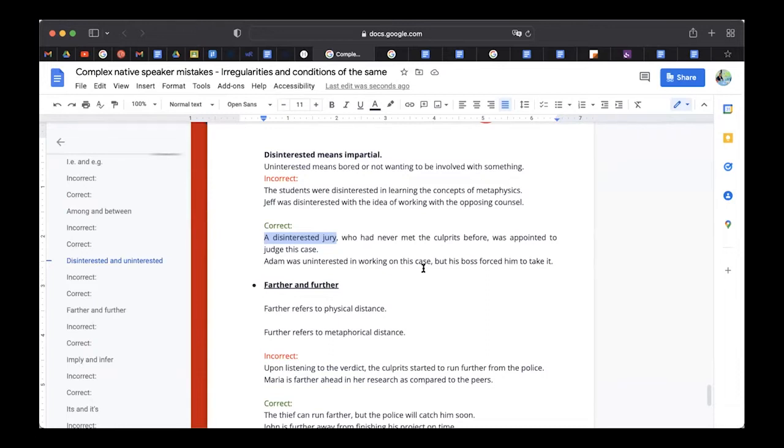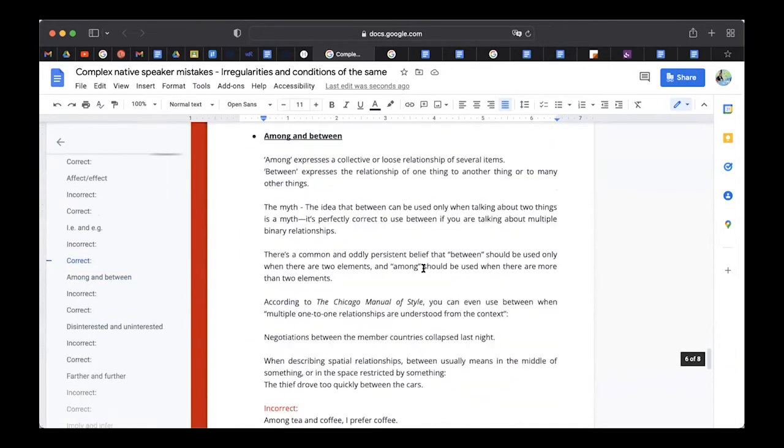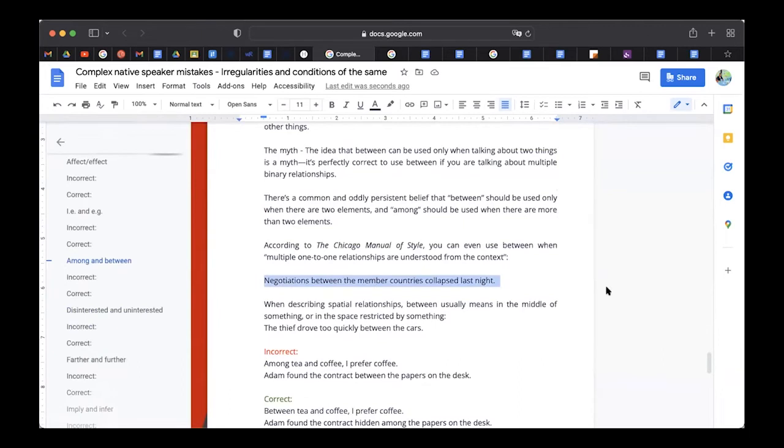See, Mithilesh, what I told you about between was that it's not about multiple or one or two. It's about binary relationships. Binary means two-sided. Any two-sided relationship, which can be so many in number. For example, if I scroll up, negotiations between the member countries collapsed last night. Over here, when I'm saying member countries, obviously there's an array of countries.